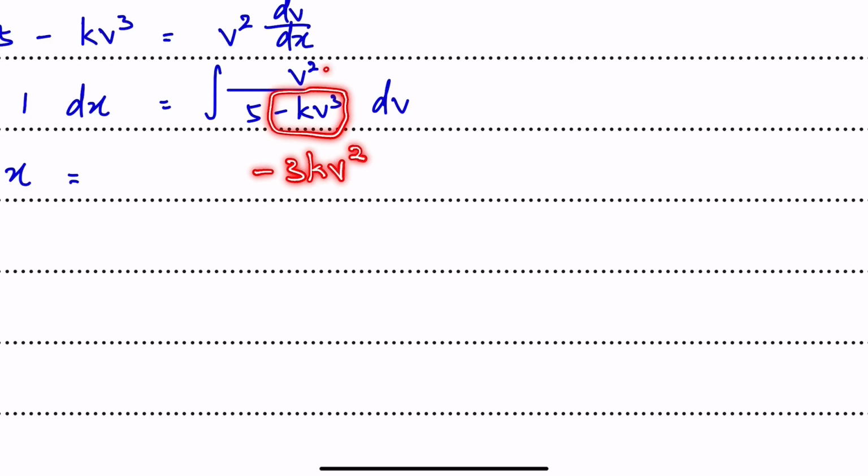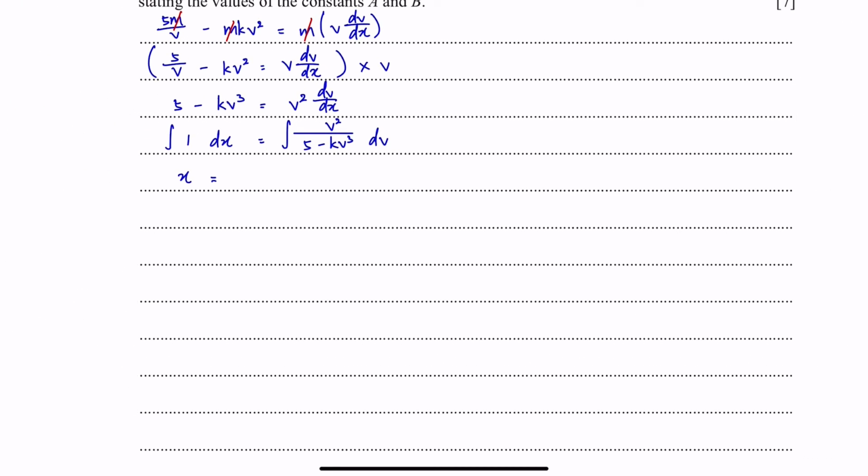And the numerator already has v squared inside, so we just need to add a negative 3k inside so that the numerator is the differentiation of the denominator.